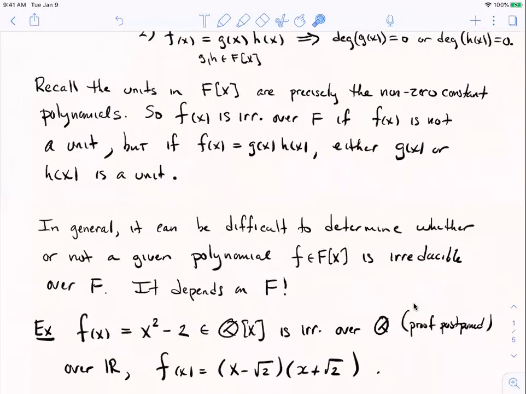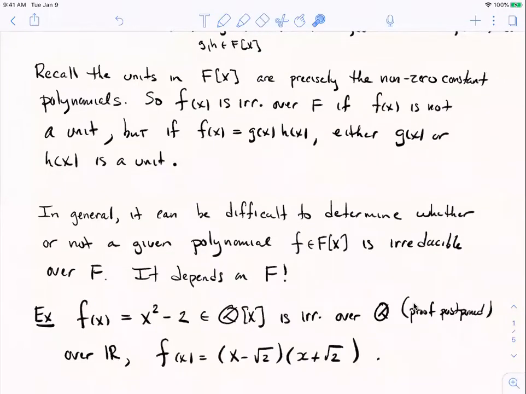But I want to do an example. I'm going to borrow a fact without proof here, but I do want to emphasize that when I'm talking about a polynomial being irreducible, I've already kind of committed the sin in this lecture. I need to always say irreducible over what, because it depends. If you change the coefficient field, you could take a polynomial that was irreducible over one field, and it might not be irreducible over another if that other field contains your first one.